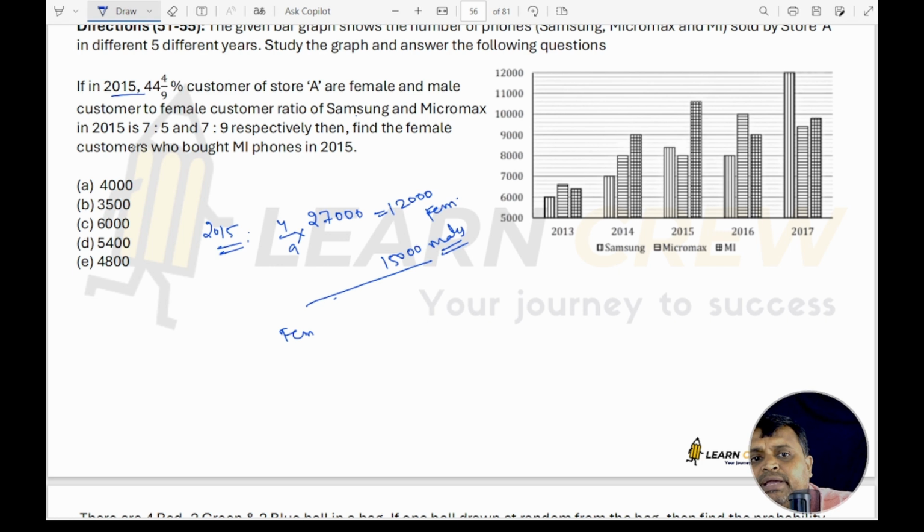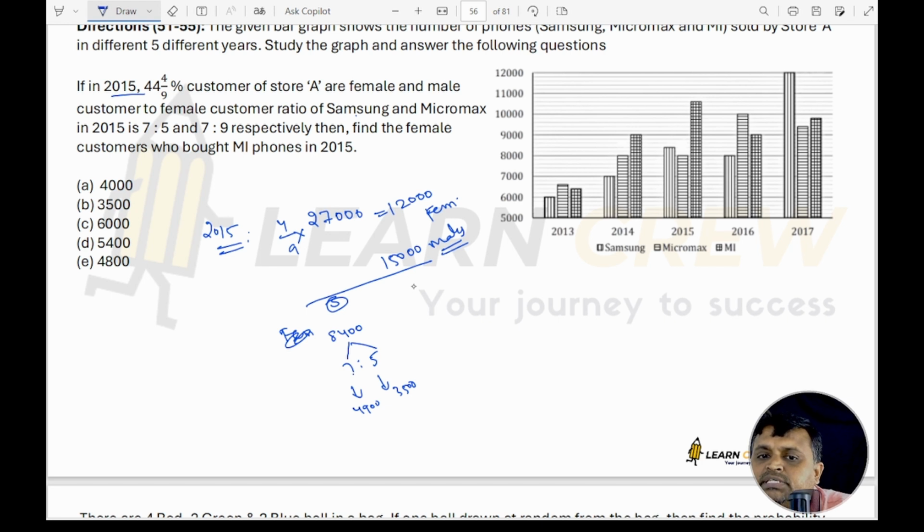So I am taking first Samsung, male to female. Samsung total in 15 is how much? It is 8,400. So 8,400 in the ratio 7:5, 12 parts. So it is 4,900 and 3,500.